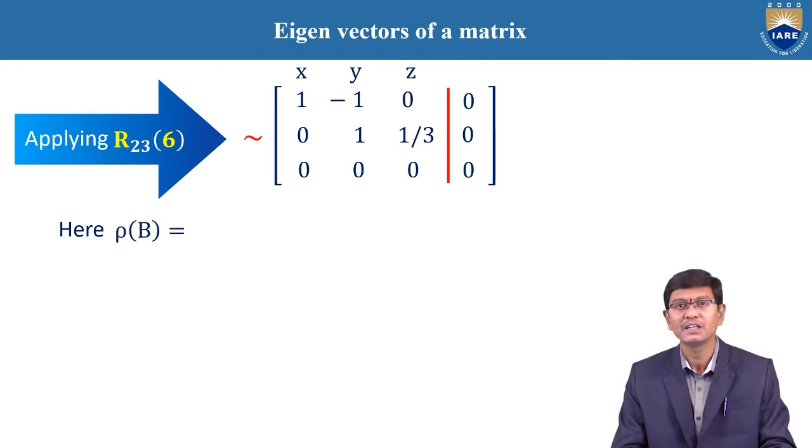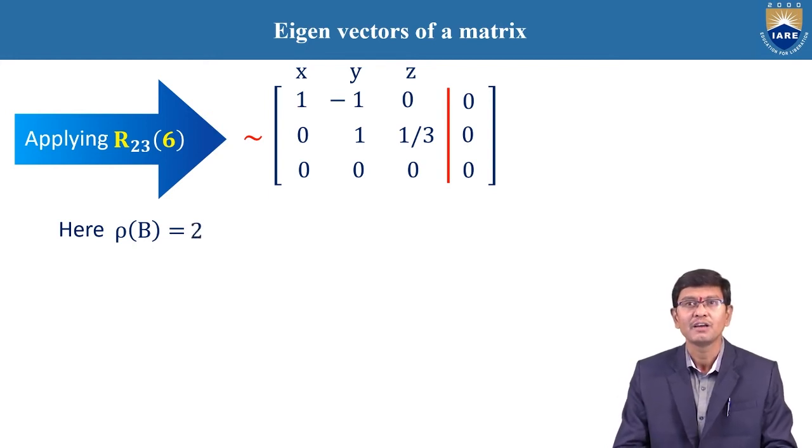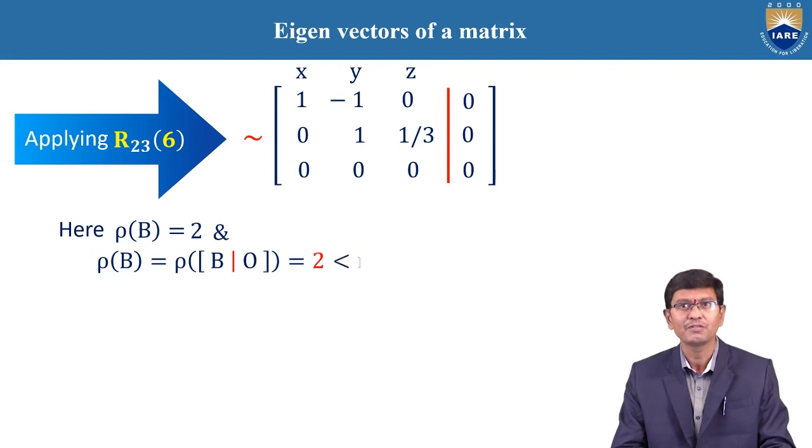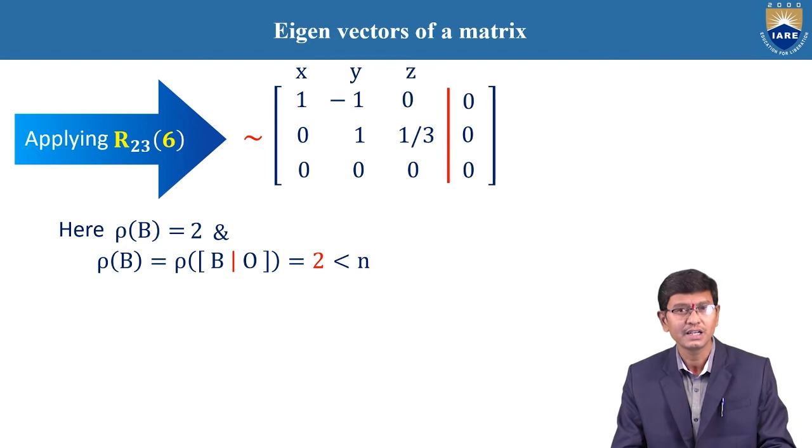Using this echelon form of the matrix, now we are going to find the values x, y, z. According to the echelon form, the number of non-zero rows is here 2. Therefore, the rank of this matrix is equal to 2, and the rank of B is also 2, which is less than n.